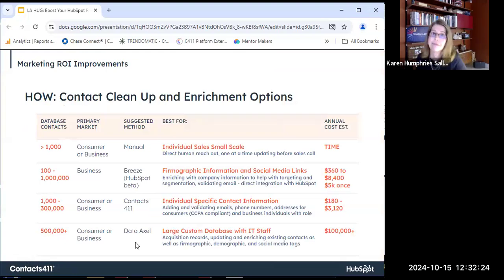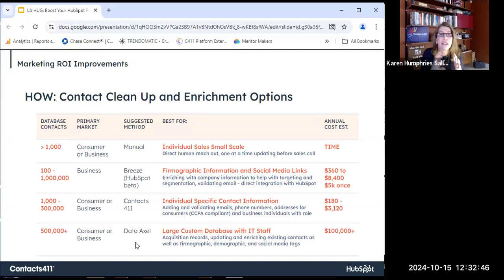Okay, so we're getting to the end. But one of your biggest questions is how? Because I did a run through with Littell and Christina, and they were like, wait, you did all this, but you didn't tell us how to clean up. So here's some options for you for contact cleanup and enrichment, right?